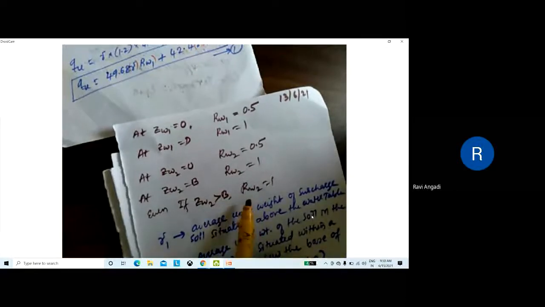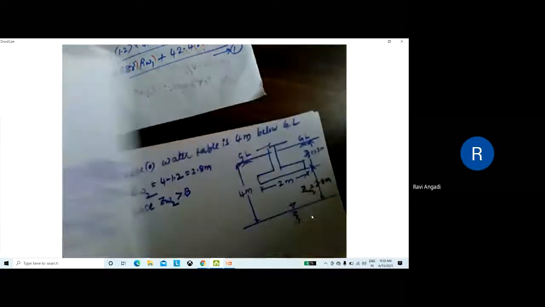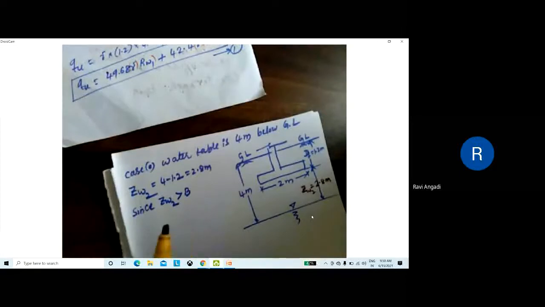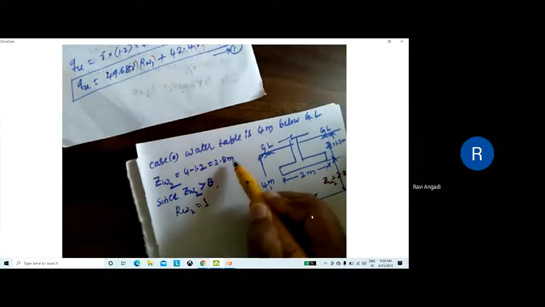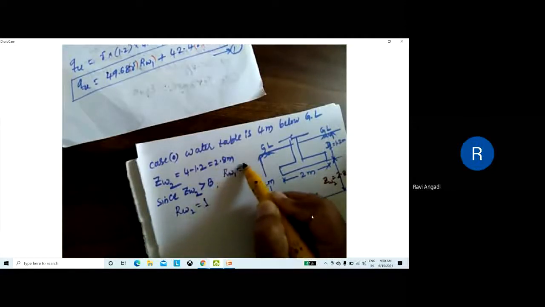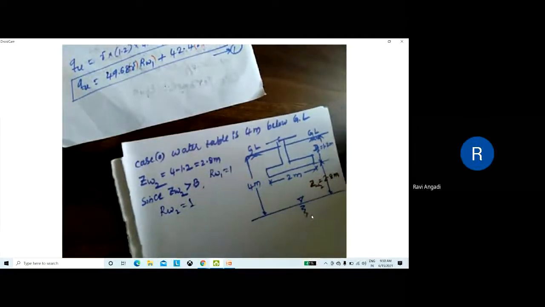Recall all those conditions. So if ZW2 is greater than B, then RW2 will be 1, and also RW1 is 1.